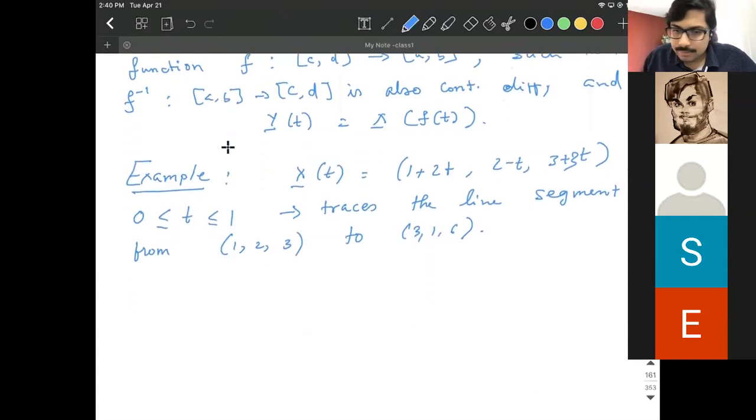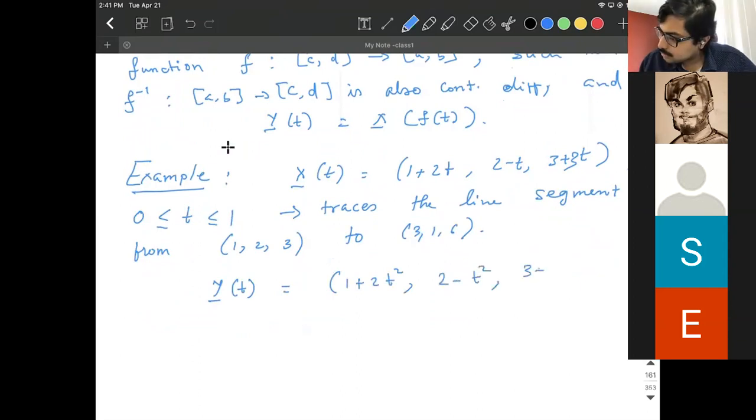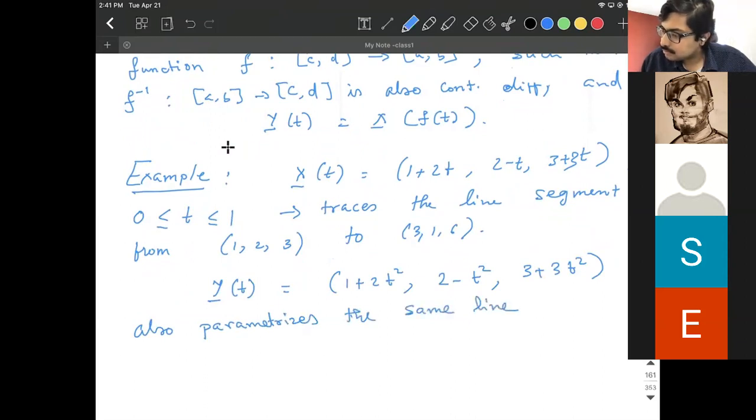Now, if you take this function y(t) equals (1 plus 2t squared, 2 minus t squared, 3 plus 3t squared). So instead of t, you're squaring it. So this also parametrizes the same line, and in the case of y(t) also, you have the interval from 0 to 1.